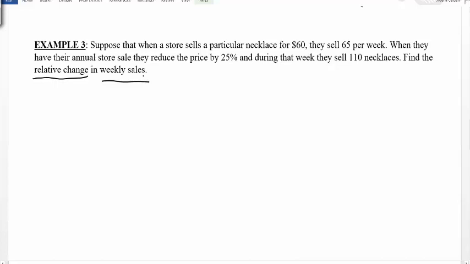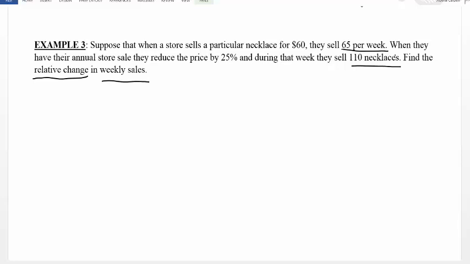So what we're comparing here are weekly sales. So the two numbers we have for weekly sales are the 65 necklaces per week at the regular price and 110 necklaces per week at the sale price. Those are the two numbers that we're going to need to find our relative change.